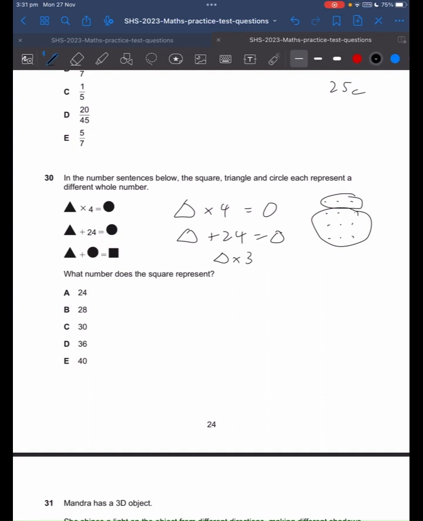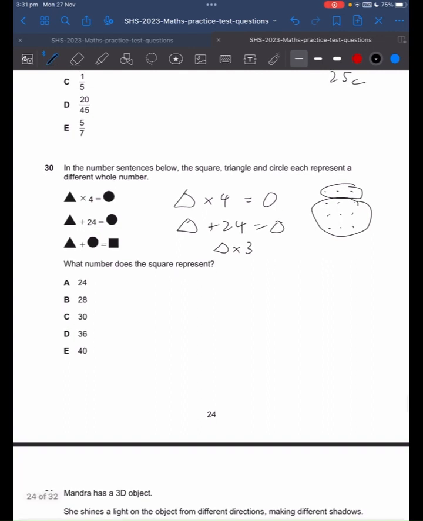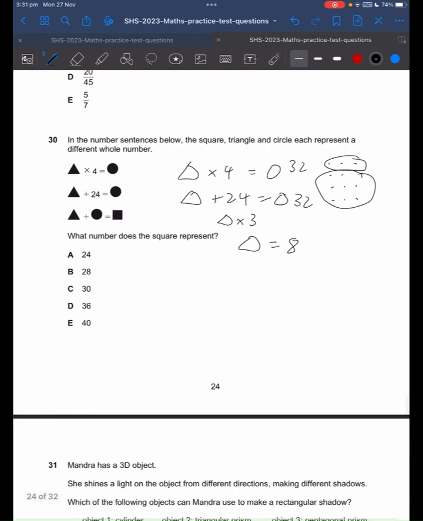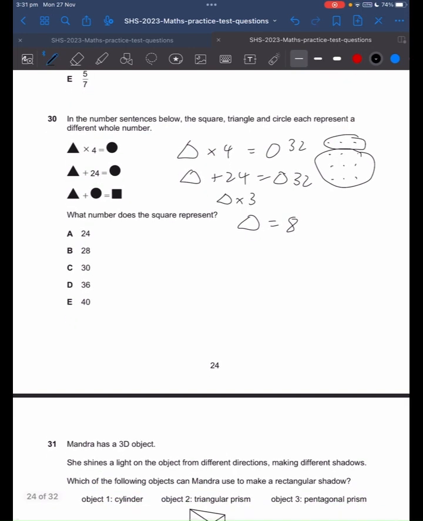Because 4 triangles, triangle plus 3 triangles, which is also 4 triangles, both give us circles. So if triangle times 3 is 24, that means the triangle must be 8. Now let's see if that works. 8 plus 24 gives us 32. 8 times 4 also gives us 32. So, yay, it works.